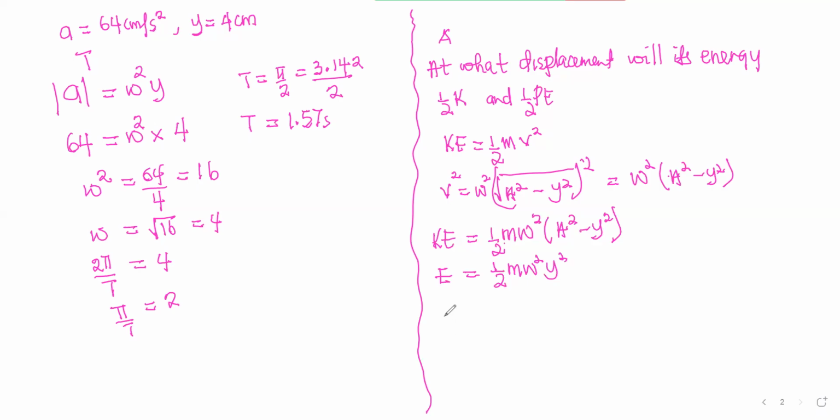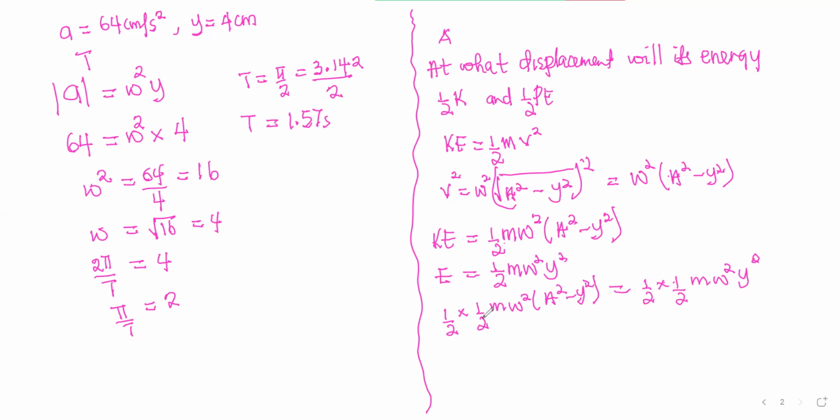So half of kinetic, which is half m omega squared times a squared minus y squared, equals half potential, which is also this, y squared.